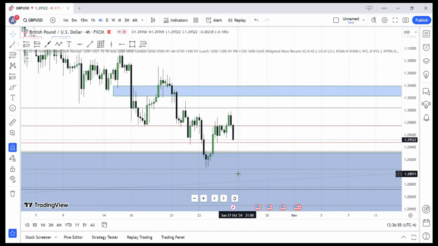So you don't try to trade each and every single fluctuation. Be patient, wait for price to show its hand, and show itself that it wants to go higher. If it does, then you can actually participate in that.